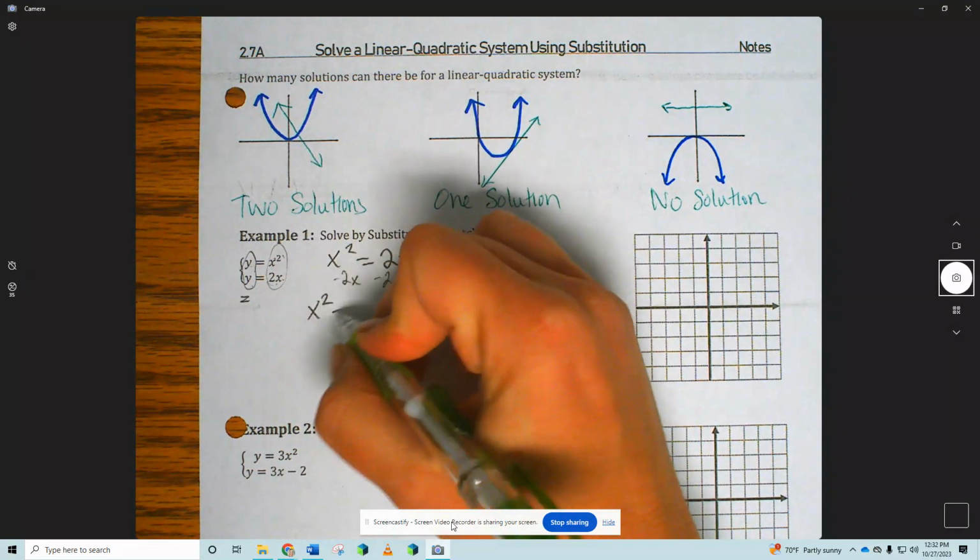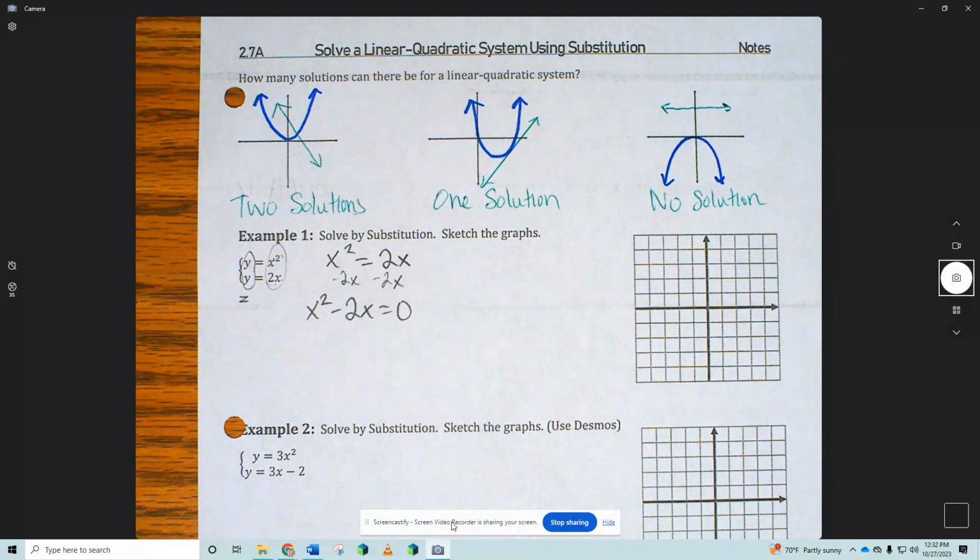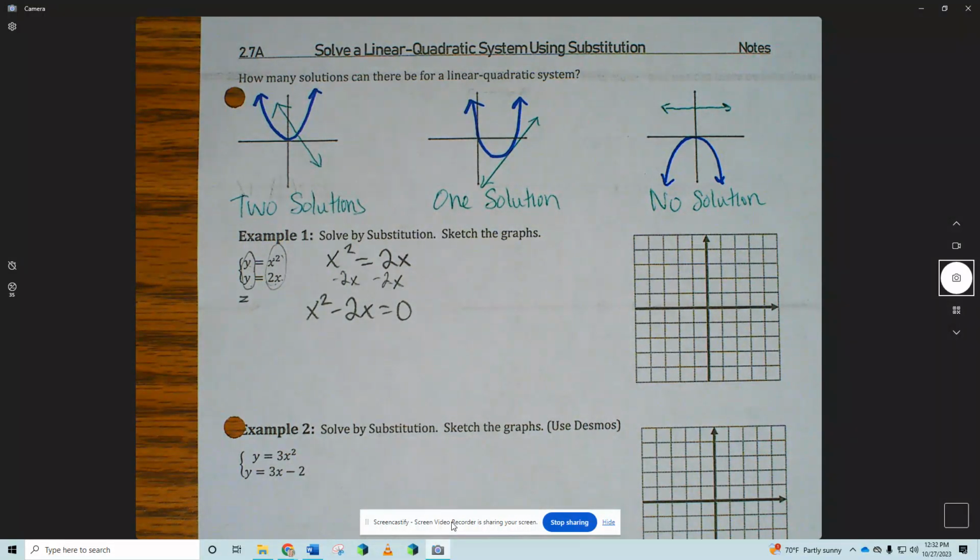X squared minus 2x equals 0. And then what? How can I factor this? I can. How? Can I do the x?